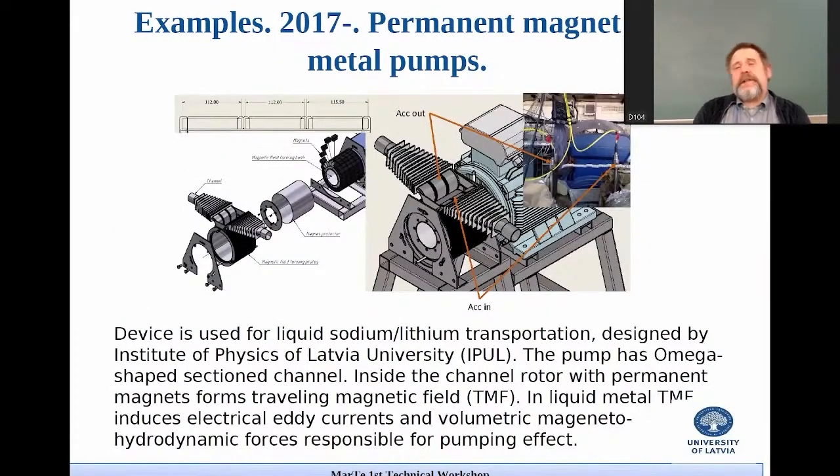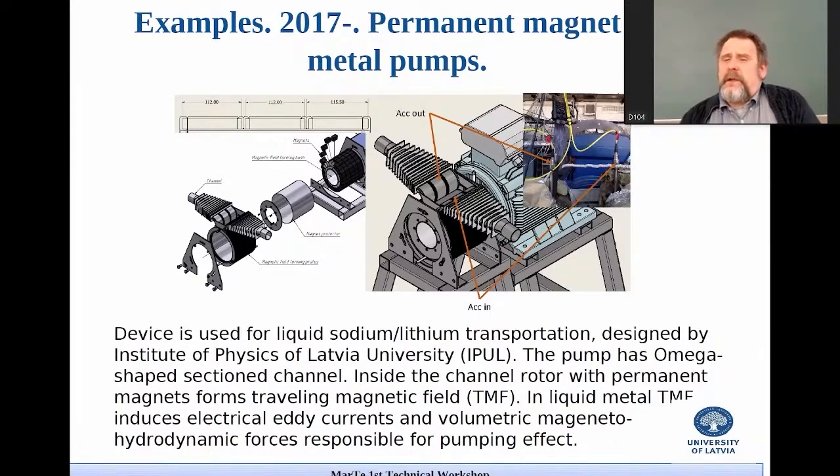More recent things. Some multi-physics simulations, which I'm doing right now. I am implementing some dynamical extensions to OpenFOAM at the moment. And this is related mainly to my work at Latvia University, the Institute of Physics.